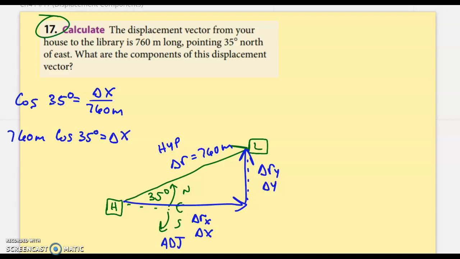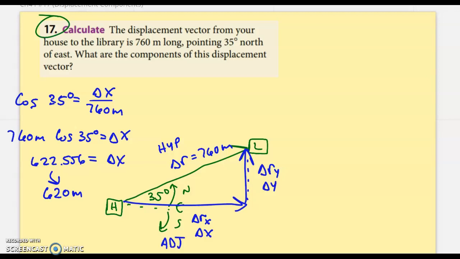And when you run that through the calculator, you end up getting a delta x of 622.5, lots of fives. And I'm going to round that just to two significant figures, 620 meters for the delta x.